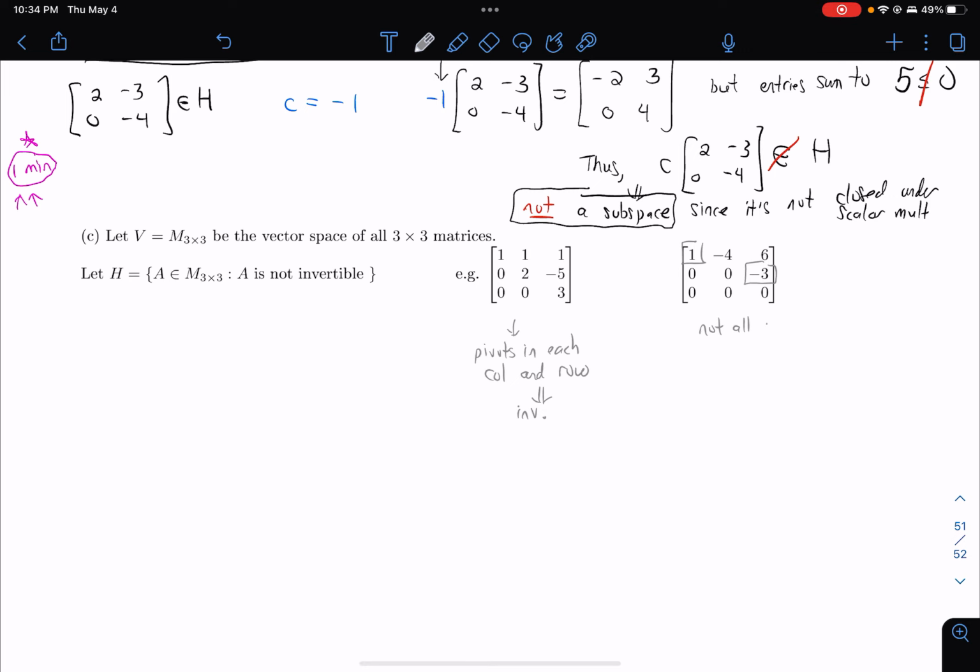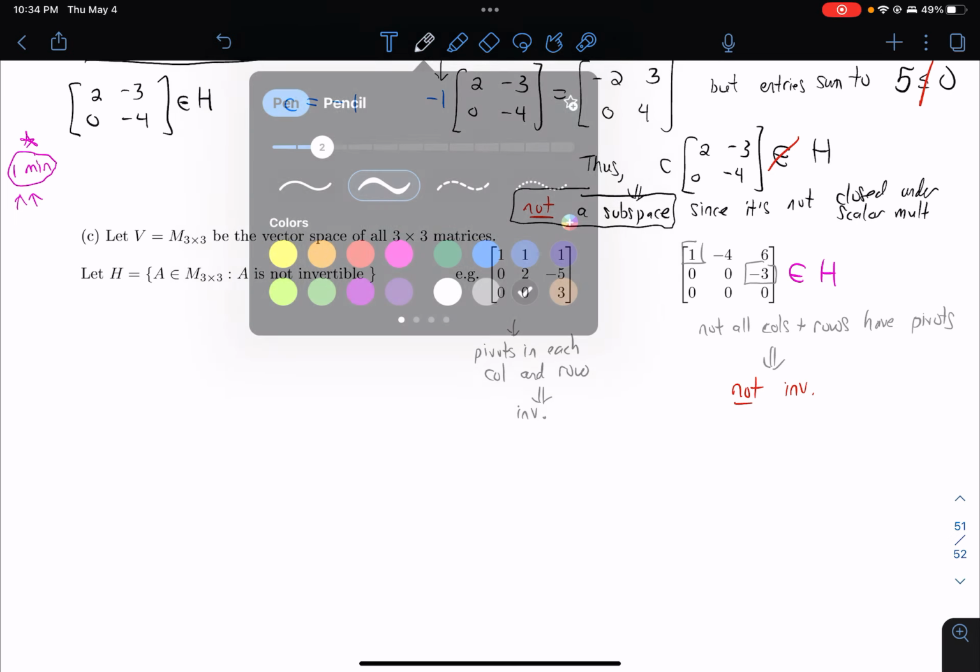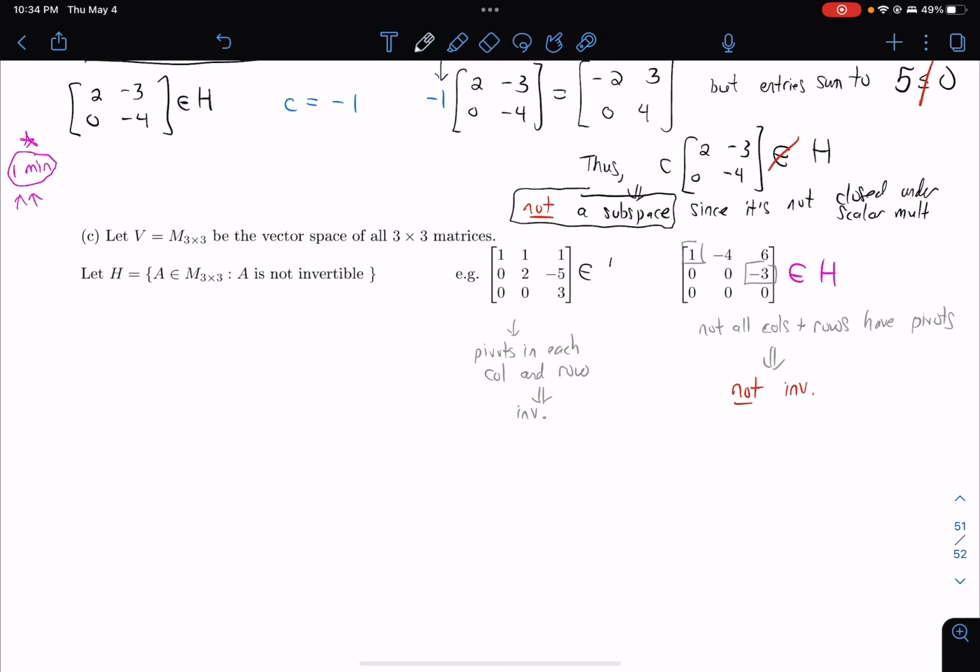Not all columns and rows have pivots. So this one, I'll put it in red, is not invertible. If it's not invertible, that means it is in H. That's what the definition of this set says. It consists of non-invertible matrices. If it is invertible, like this first one is, then that would not be in H. So we are working with matrices like this second one, things that are not invertible.